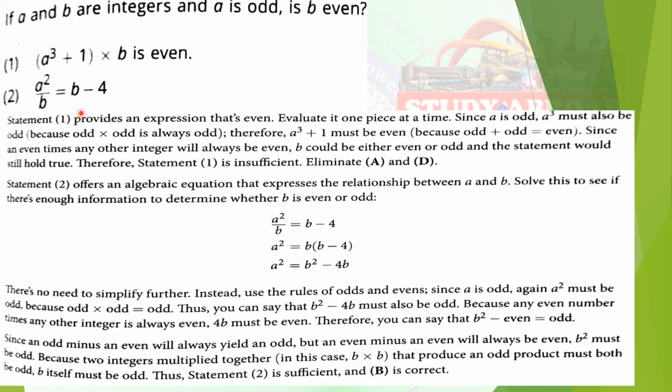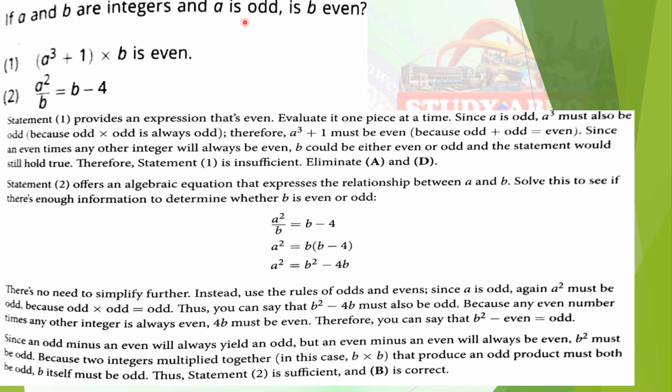Okay, from the first statement, A cube must also be odd. Why? Because A is odd, and odd into odd is always odd.